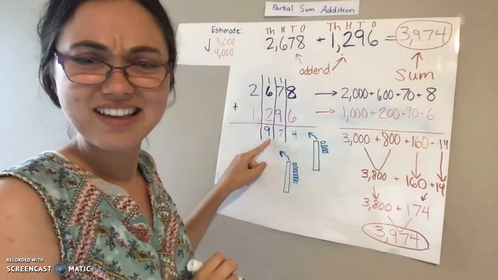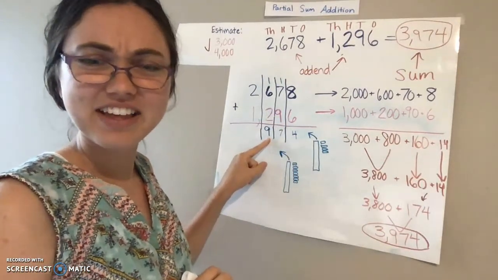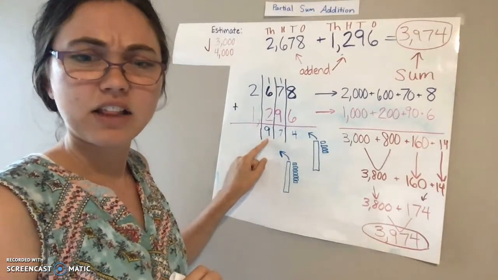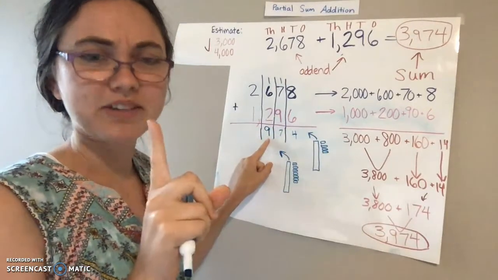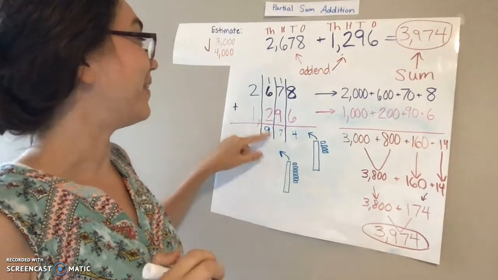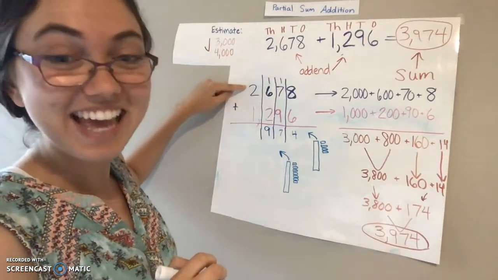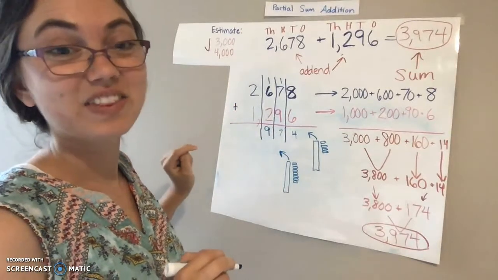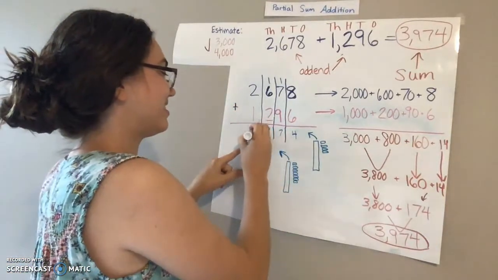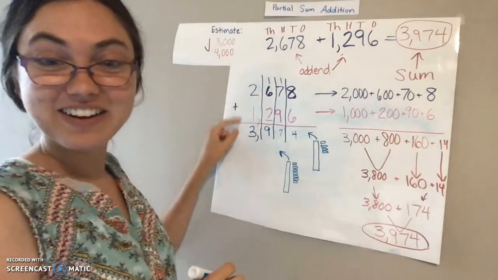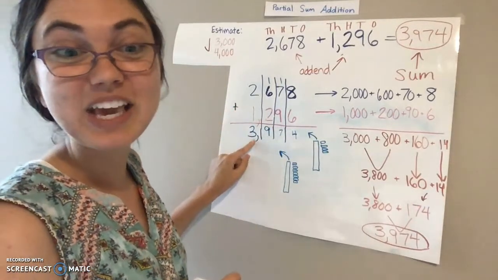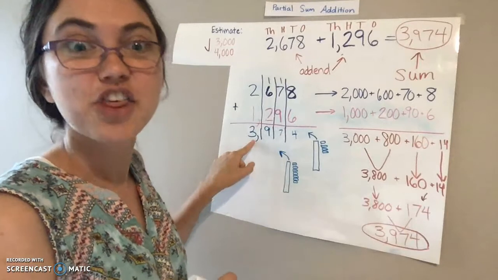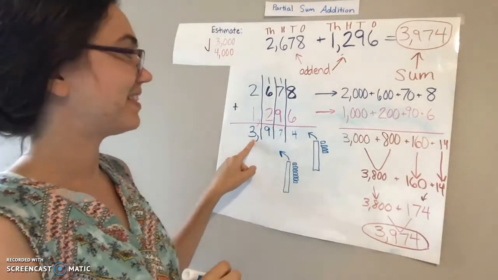Is that okay? Am I allowed to have 9 in that column? It's just 1 digit, 1 number, so that's okay. Okay, let's go next door to the thousands place. 2 plus 1 is 3. And because they're in the thousands place, that 3 really means 3,000.